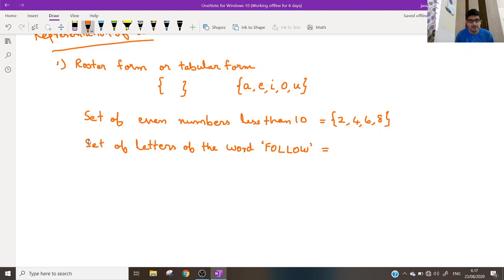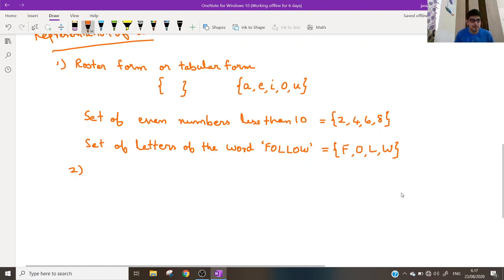When we are listing these elements: F, O, L, W. There is no need for repeating the elements. When we are writing roster form, the elements need not be repeated. It is to be written only once.